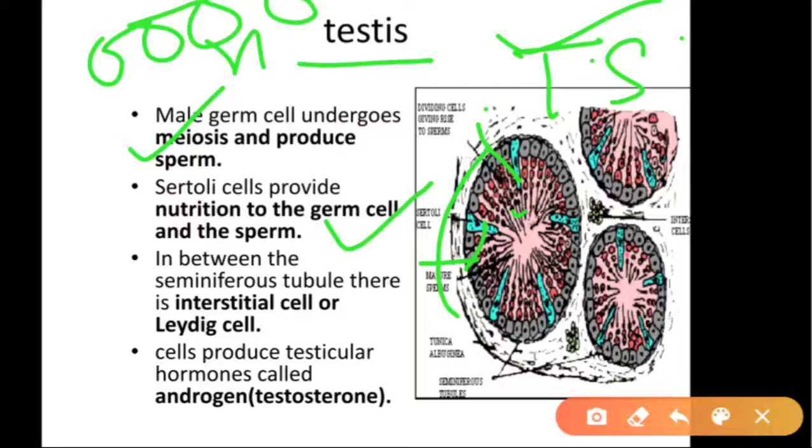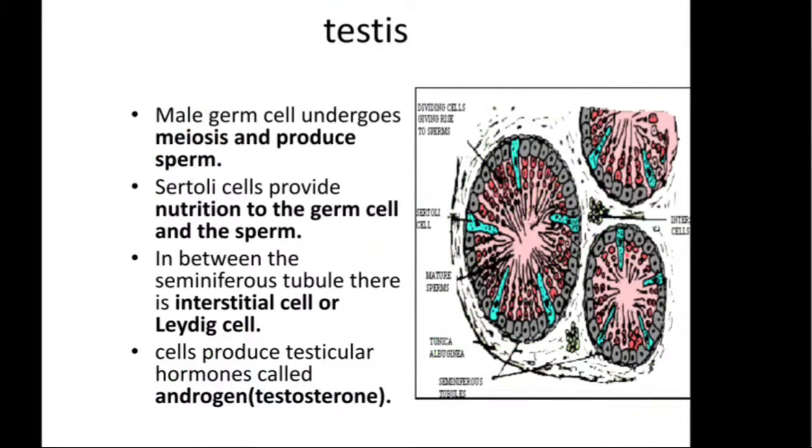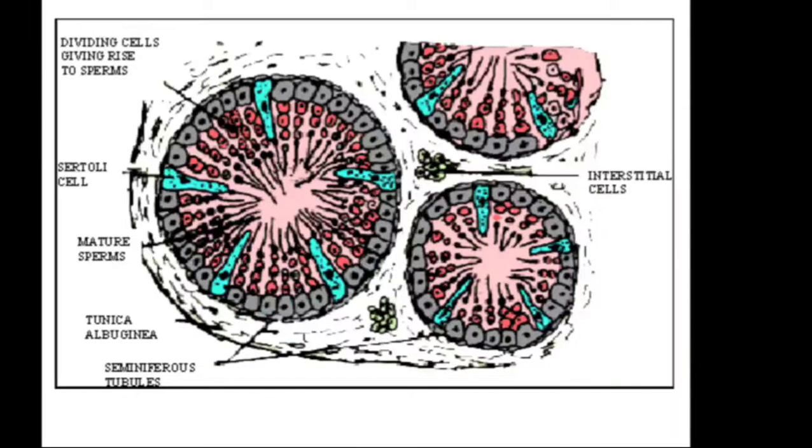And one more important cell present in between the seminiferous tubules: the interstitial cells, also called Leydig cells. The main function of these interstitial cells is production of androgen hormone, that is also called testosterone hormone. This is the detailed structure.